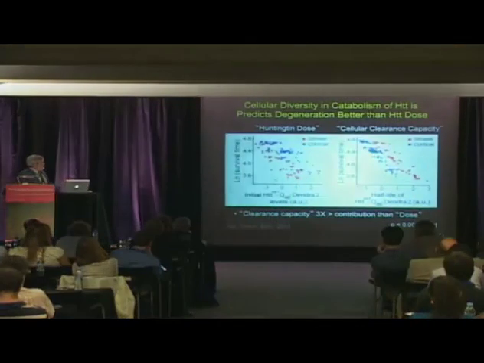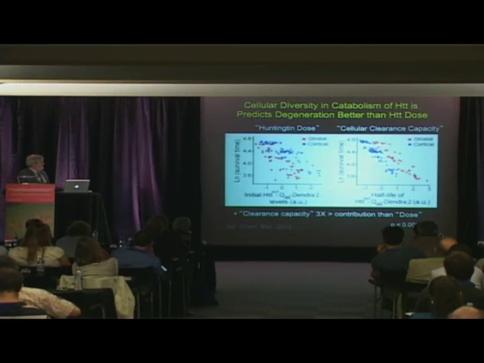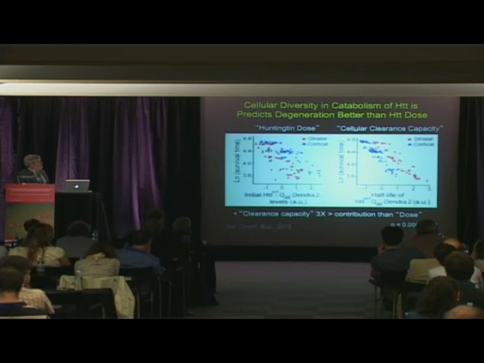And we've done sophisticated Bayesian hierarchical analysis to really quantify these relationships. And we've compared the predictive value of Huntington dose, that is the amount that the cell starts with, compared with its clearance capacity. And what we find is that clearance capacity for a cell is about 3 times more important than the dose in determining whether and when that cell will die.